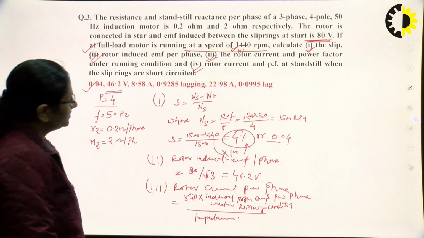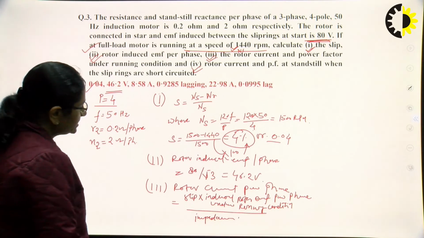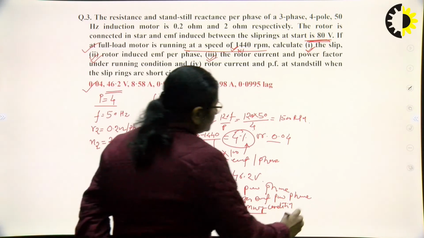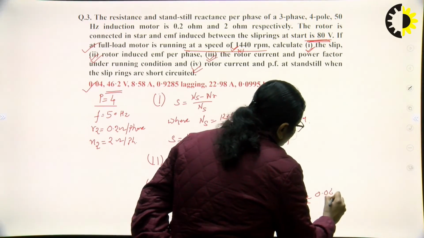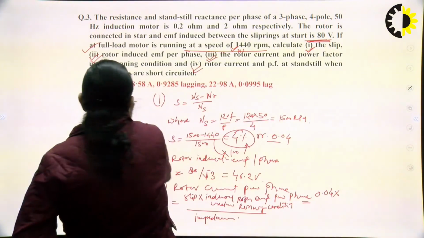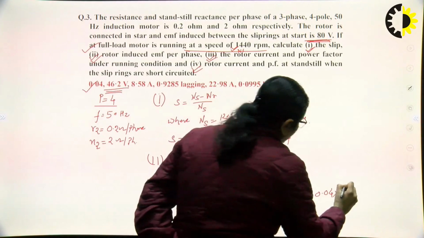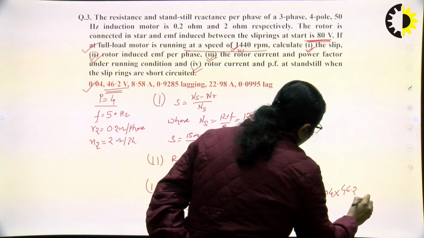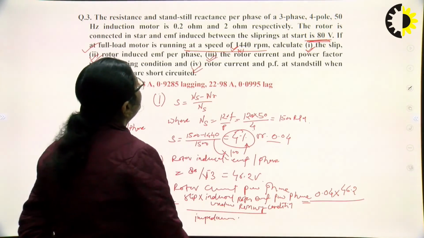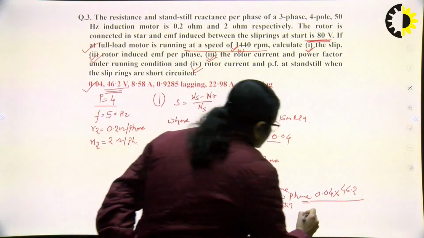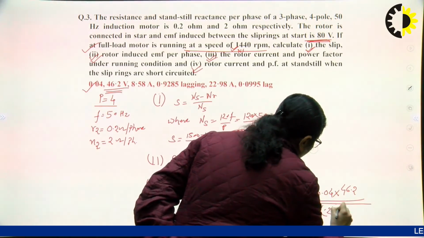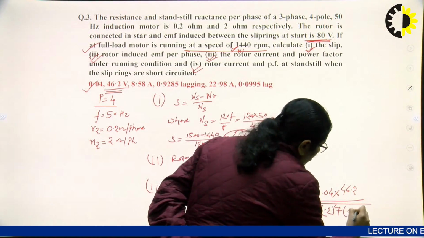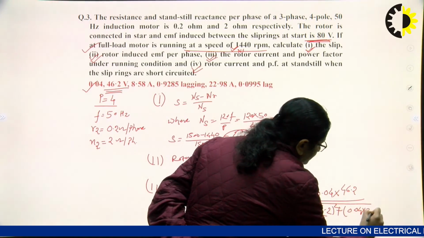We have solved a similar kind of question on a previous slide as well. So rotor induced EMF under running condition would be 0.04 multiplied by the per phase value of induced EMF, that was 46.2, divided by the impedance under running condition. The impedance under running condition would be equal to the square root of 0.2 squared plus (0.04 times 2) squared.